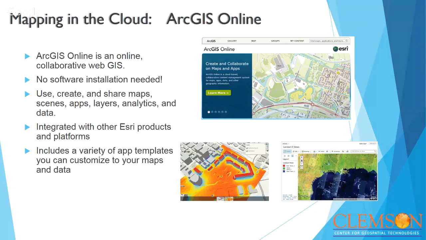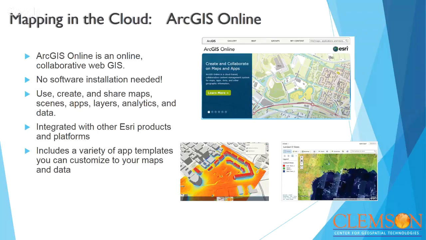This uses the capabilities of living in the cloud to become this integrated collaborative GIS platform. So there's nothing to install on your machines, which is really great. It's a platform where you can create and publish your own data and create your own maps. They also have 3D mapping capabilities called scenes.